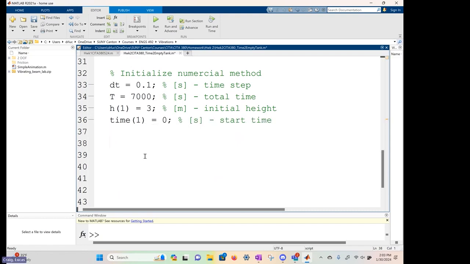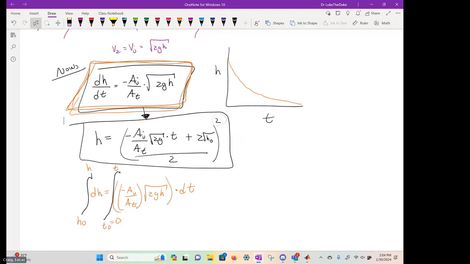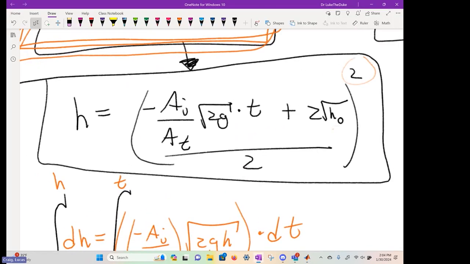Have you ever heard of numerical methods? Basically it means that we're going to predict what's going to happen in a numerical way. You have theoretical, which is that equation that you actually solve and get an equation for.